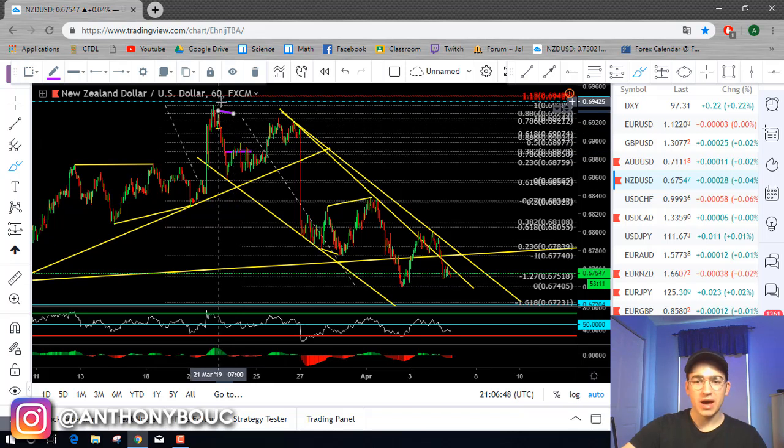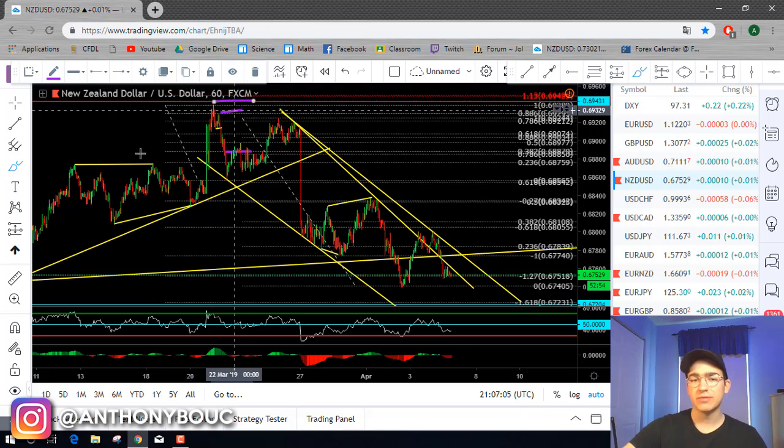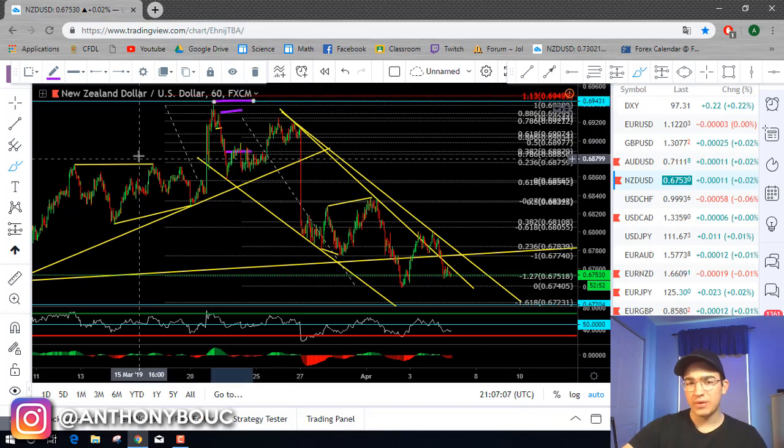this level here. Now, there were many reasons why I decided to place it here and not, for example, above this one. And one of the main reasons is because if this was going to break this level, well, the possibility of this going higher and even breaking this level was very, very high.